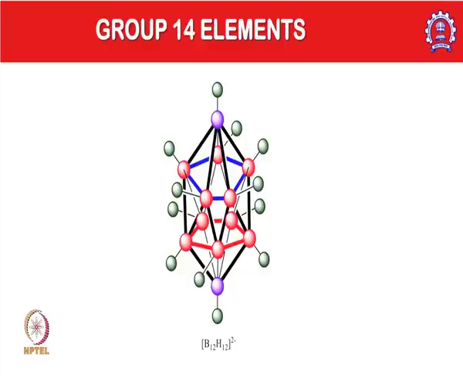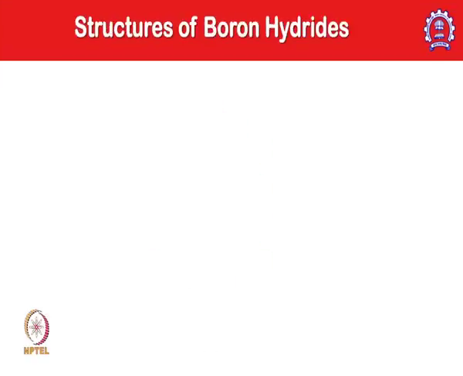Similarly, you have the dianionic compound B12H12 2 minus. Here you can see this is essentially an icosahedron with each boron having one hydrogen atom. Of course, we also come across many interesting species. For example, if you just look at this octahedral structure here, I have shown 2 boron atoms, one occupying an equatorial position and one occupying an axial position, giving a pentagonal bipyramidal geometry.